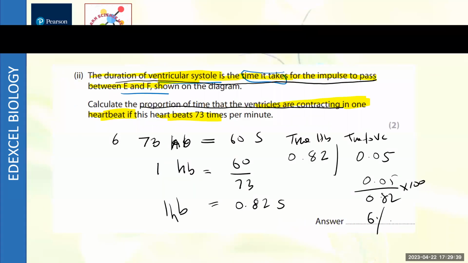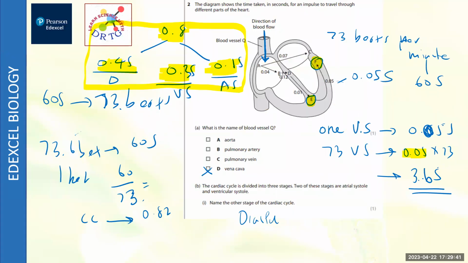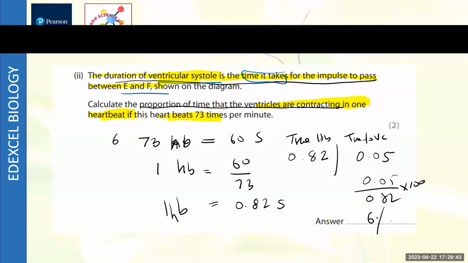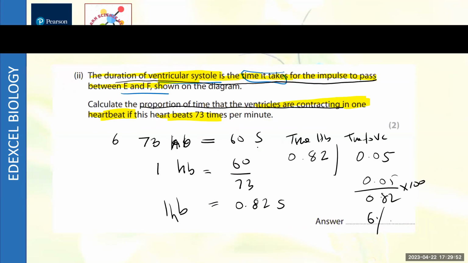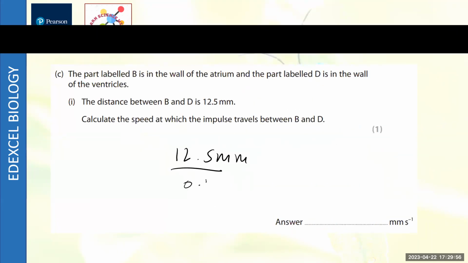So you have to calculate the speed between B and D. B and D, the distance is 12.5 millimeter. The time is 0.12. So speed is distance divided by time.